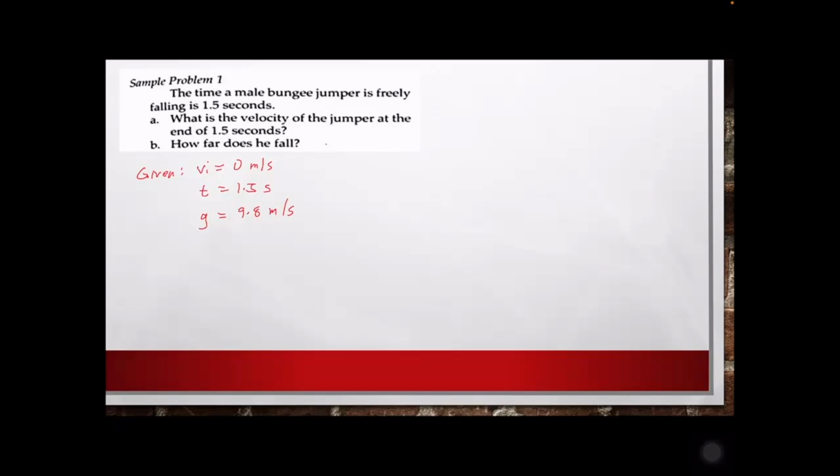What is the question? Letter A: what is the velocity of the jumper at the end of 1.5 seconds?